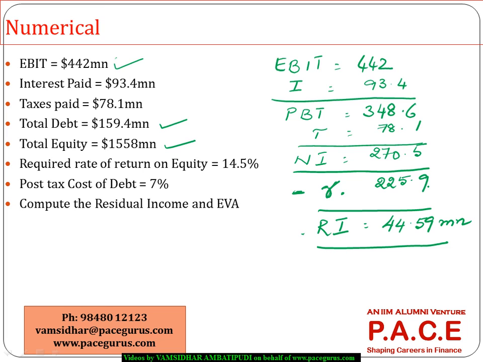To compute the EVA, I require EBIT into 1 minus T. Generally I can take either a marginal tax rate, but in case the marginal tax rate is not available, I can go with the effective tax rate. So 78.1 upon 348.6.